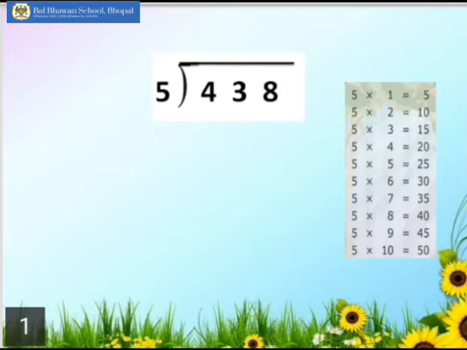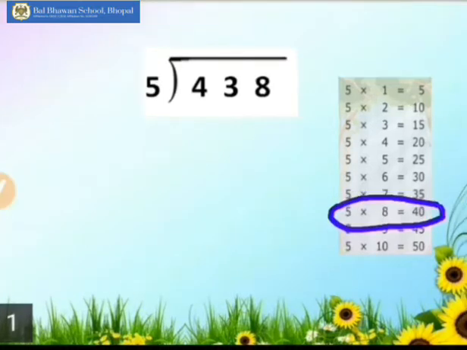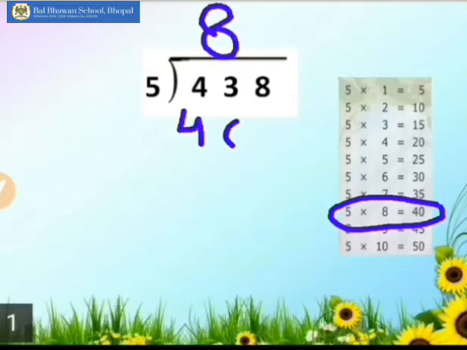So here, as we can see, children, 5 into 8 is 40. So children, we will write 8 as a quotient and 40 just below 43, because 5 into 8 is 40.